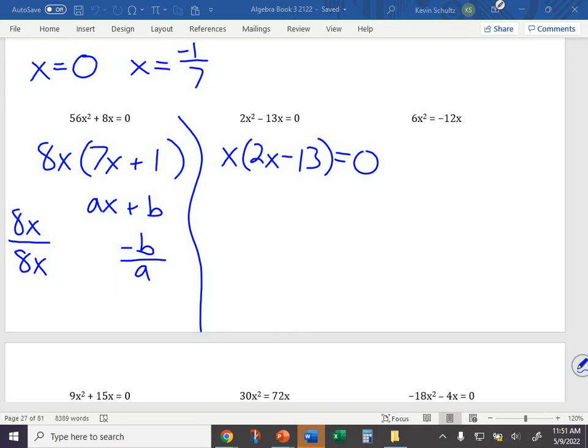So now, here we have our freebie, right? What's that one going to be? Always, Morgan? 0. Okay? And this one, we can use our ax plus b and the formula negative b over a.